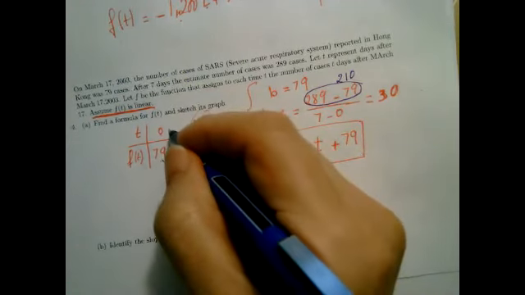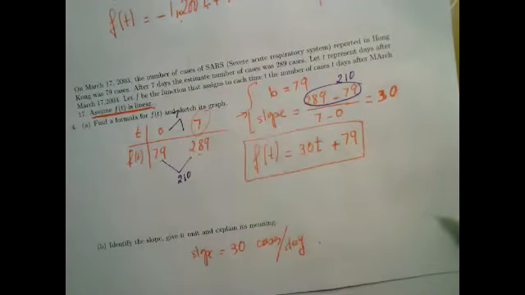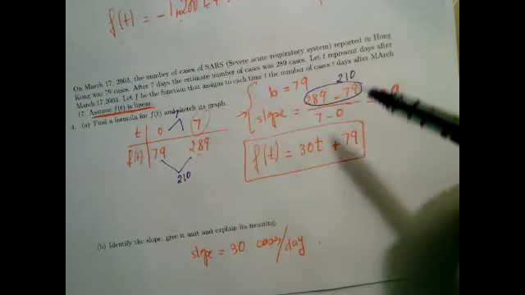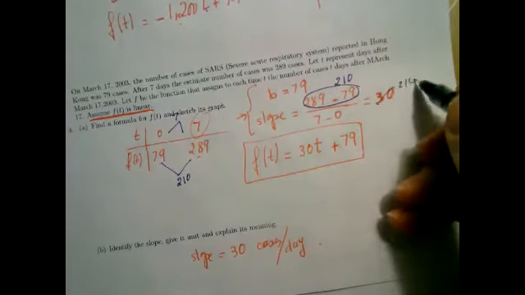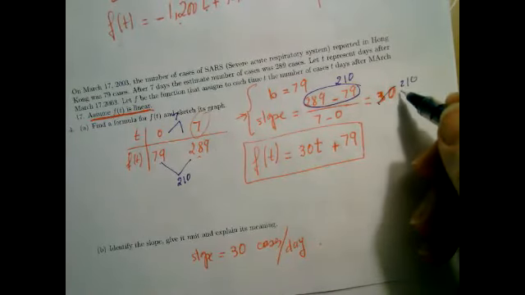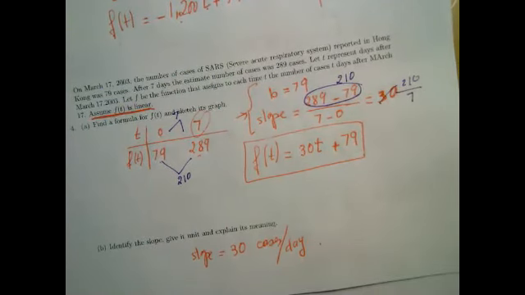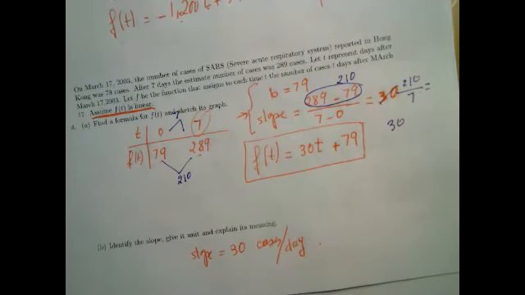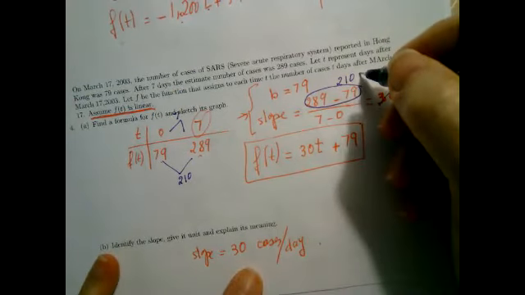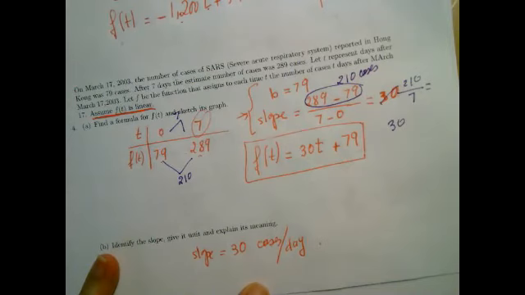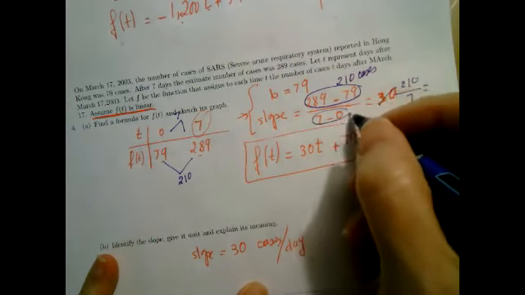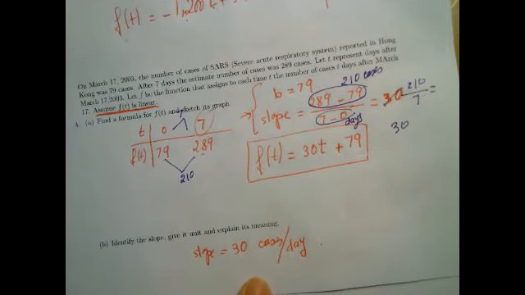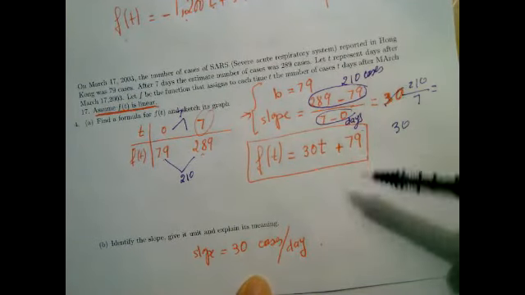But this happened over a 7 day period. So when I divide those 210 by 7, I'm actually getting per day. That's how you can analyze the slope. The unit here is cases. The unit here is days. The unit of the slope is cases per day.